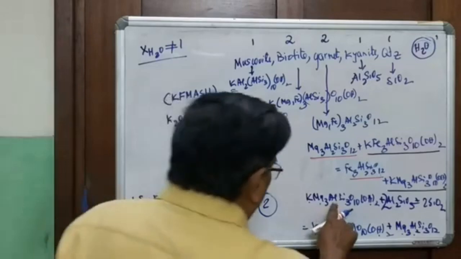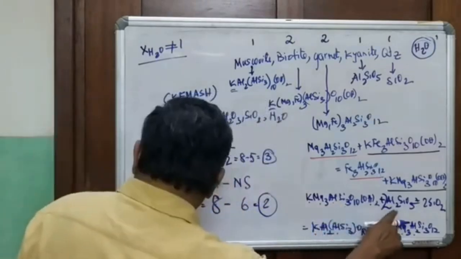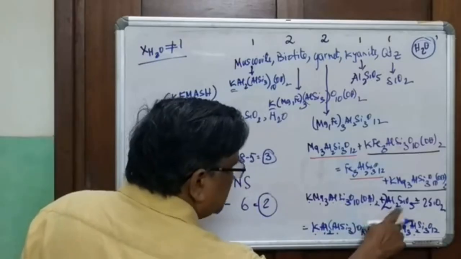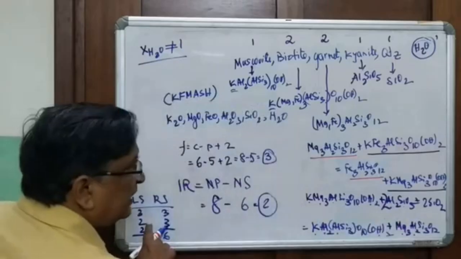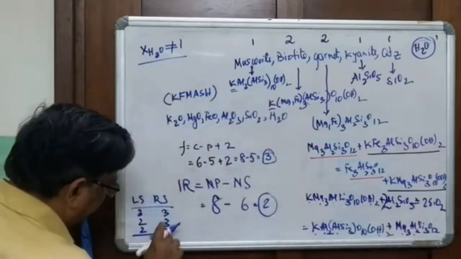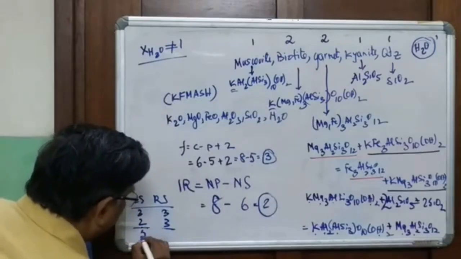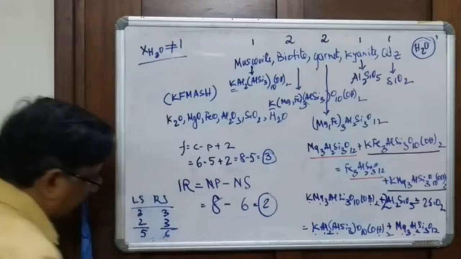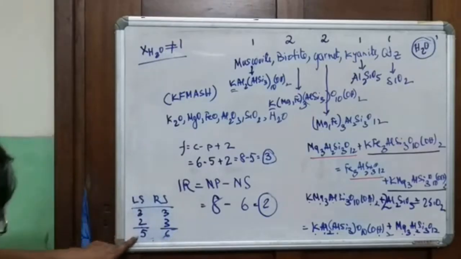Let's check. Silicon 3 plus 2, 5 plus 2 we wrote 7. But here it was 6. That means the left hand side has 1 deficiency of silicon.